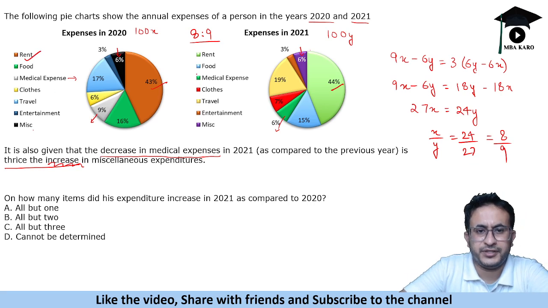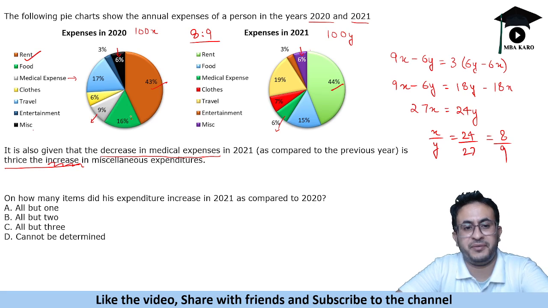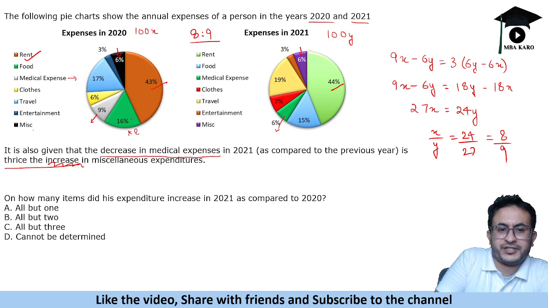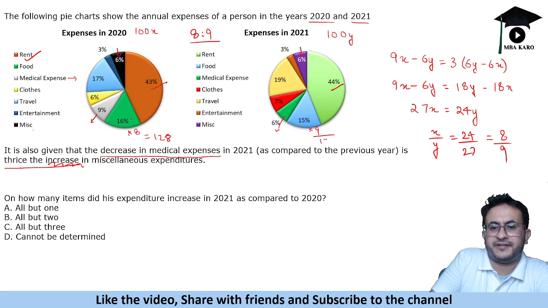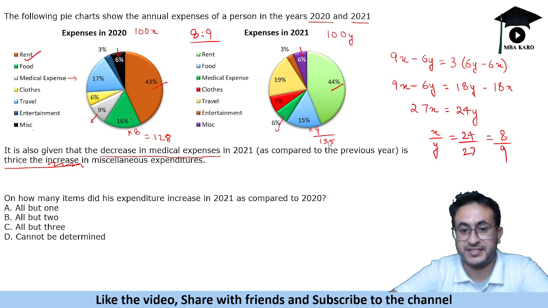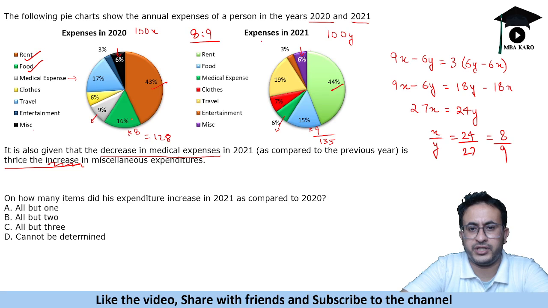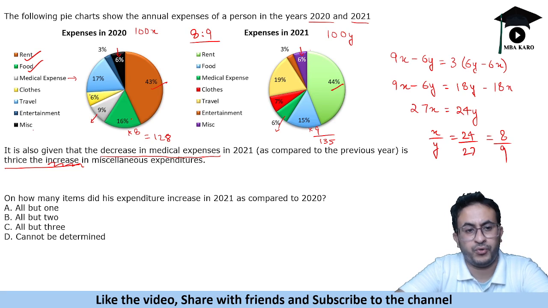If you look at food, here it is 16%, here it is 15%. One may say that it is decreasing, but actually calculate: 16 into 8 is 128 and 15 into 9 is 135. So it appears that it decreased, but actually it increased, because the overall expenditure in 2021 is more.